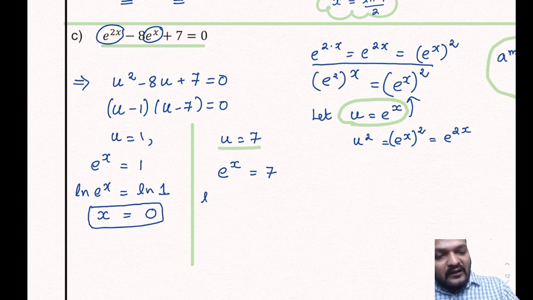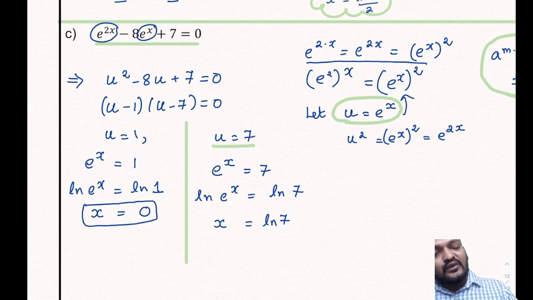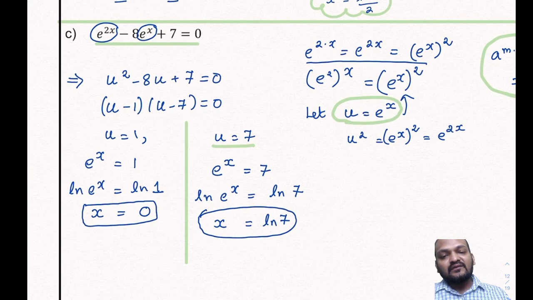Taking ln on both sides, I have ln of e to the x on my left hand side and ln of 7 on my right hand side. The left hand side turns out to be simply x due to the logarithmic properties, and the right hand side is simply ln of 7. There is nothing much you can do on this one, so the solution is x equals ln of 7. So we have two solutions: x equals 0 and x equals ln of 7.